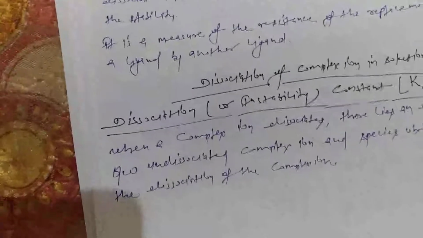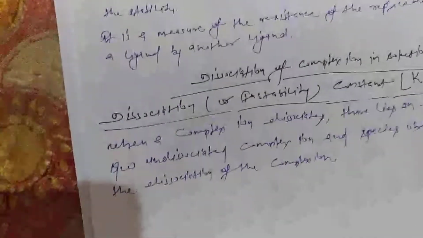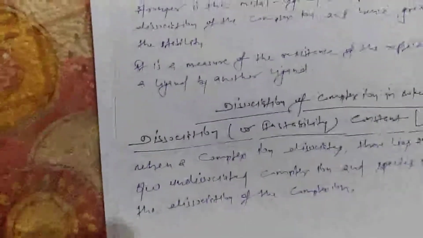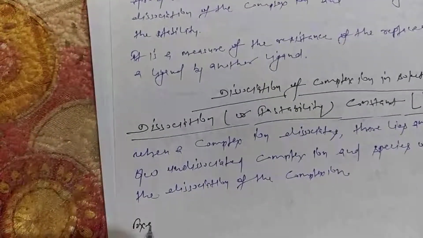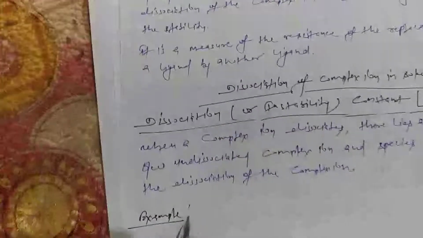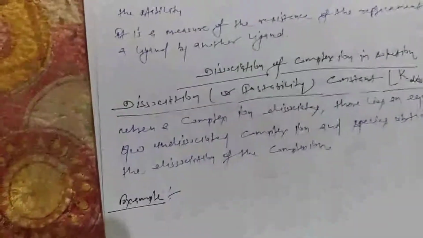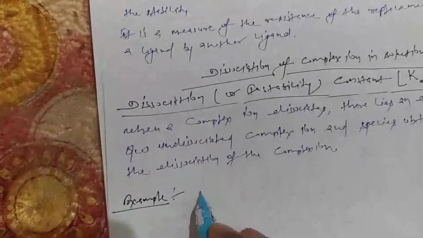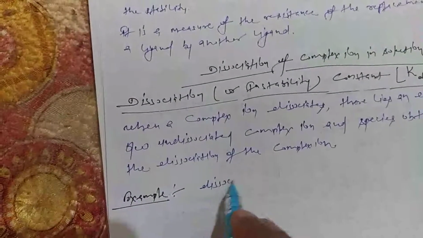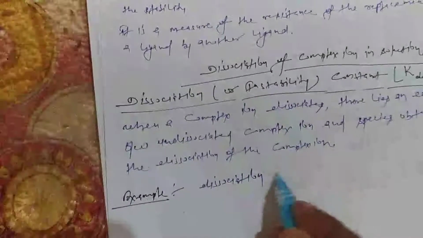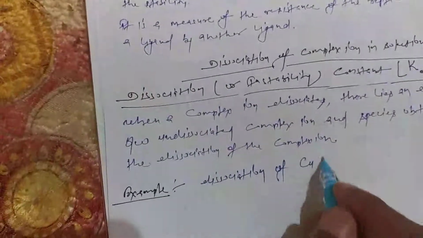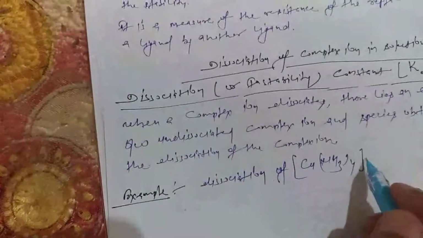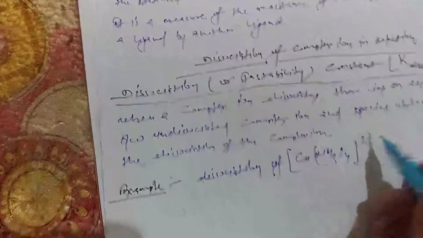Now let's take an example. We have an example of dissociation of a copper complex ion, Cu(NH3)4, the complex of copper ion.